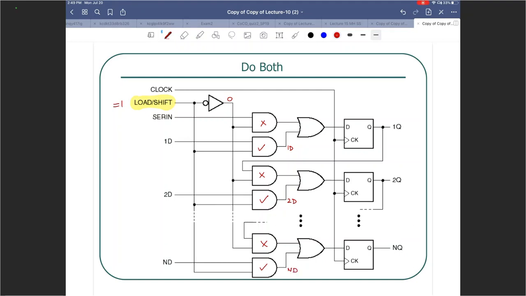The new data inputs that can be loaded, 1D, 2D, 3D, and so on, ND. This or this, what will I get? I will get 1D here, 2D there, ND over there.